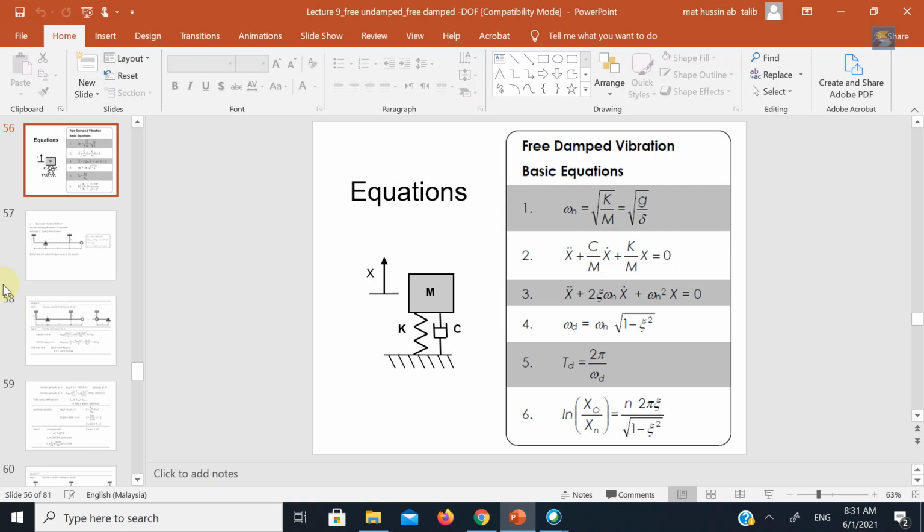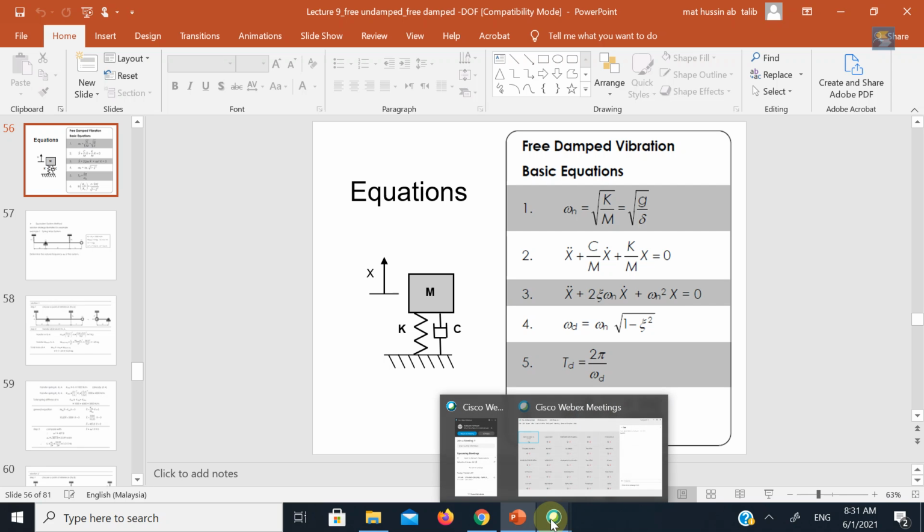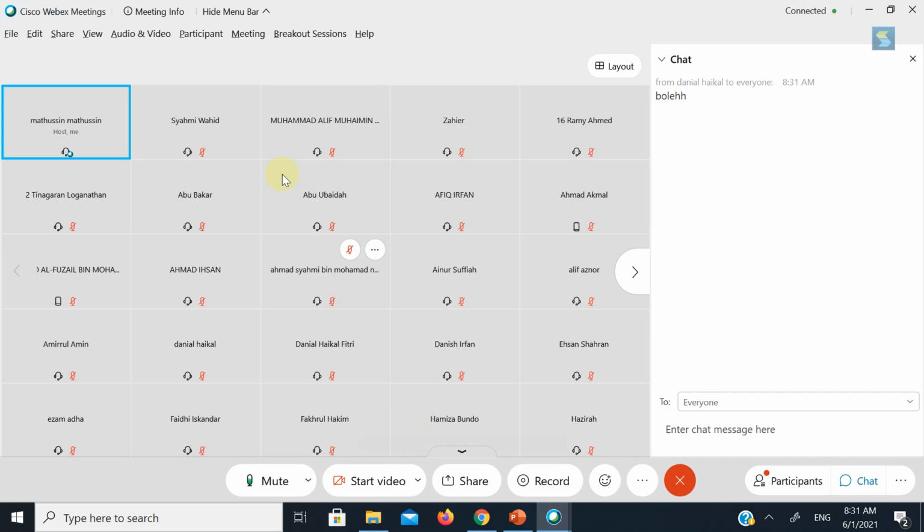So what we're going to do today is we do some tutorials regarding the current topic, which is vibration, free, undamped and damped for 1 degree of freedom. Okay.